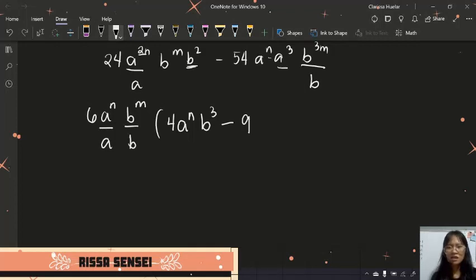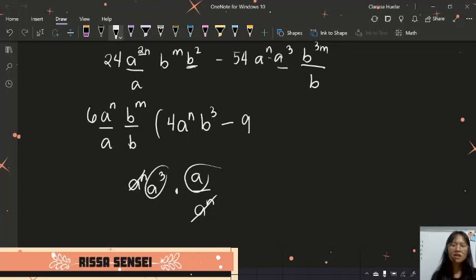Next, a raised to n, a cube, divided by a raised to n over a. So, sabi ko, reciprocal, pagbaligtarin lang, then multiply. So, reciprocal natin is a over a raised to n. So, this is cancelled. Multiply this will give us a raised to 4.